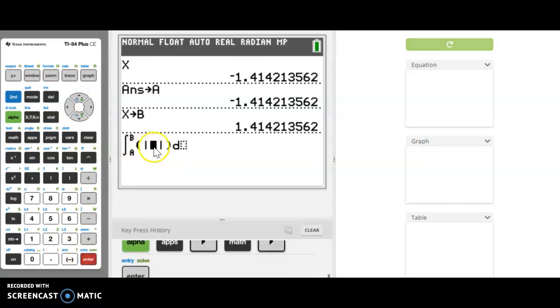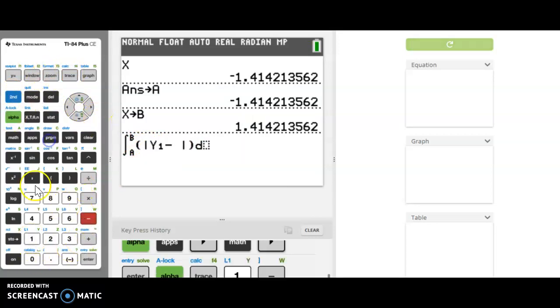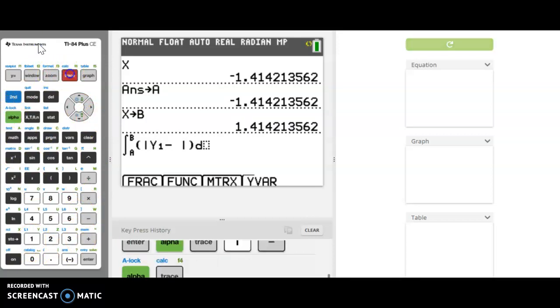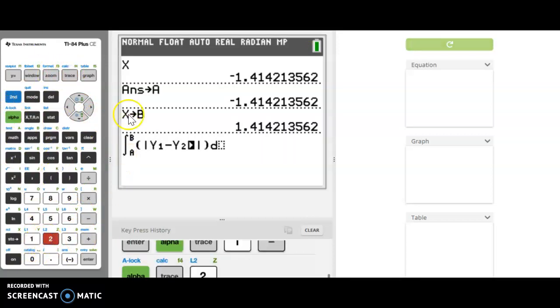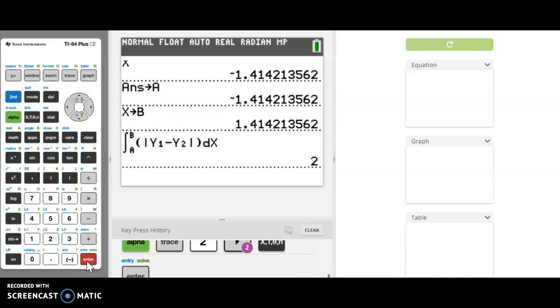I pull that up, I get some absolute value bars, and now I'm going to use alpha trace y1 minus alpha trace y2 dx. And now I'm going to hit enter. And super fast it gives me that area equal to 2.